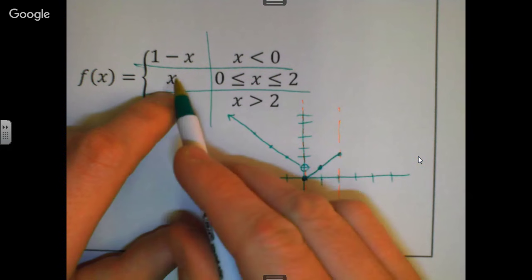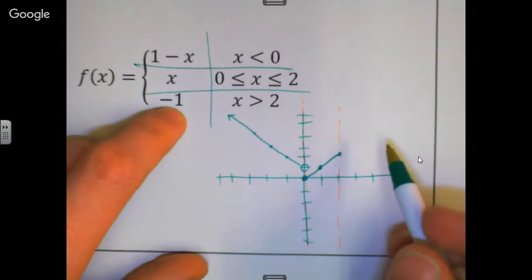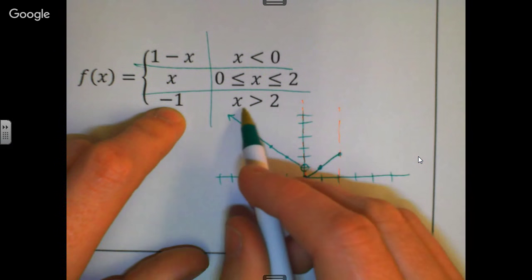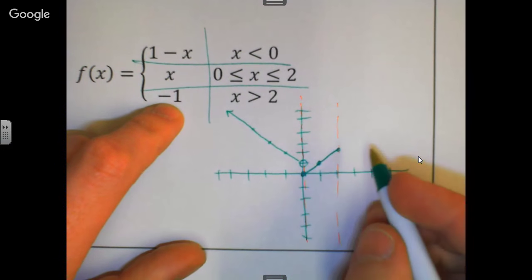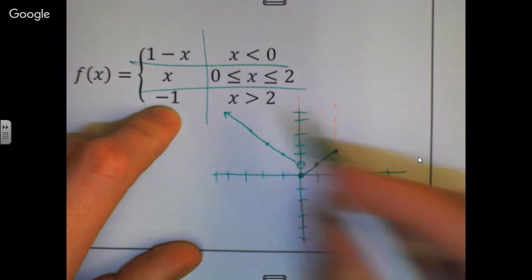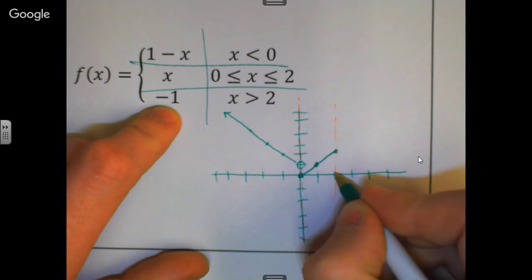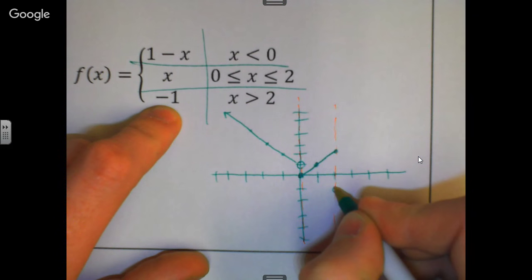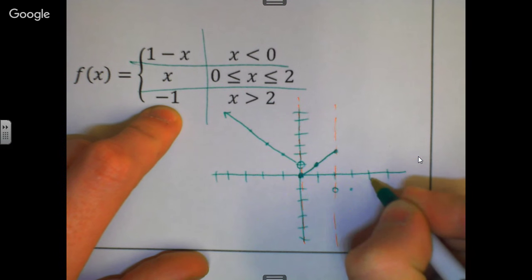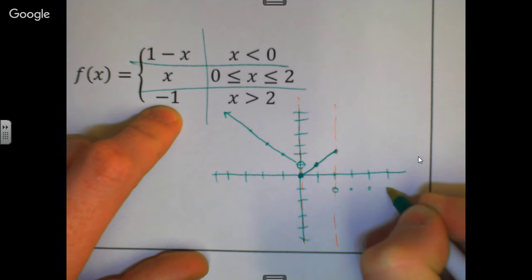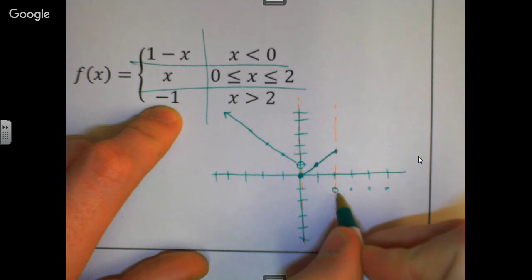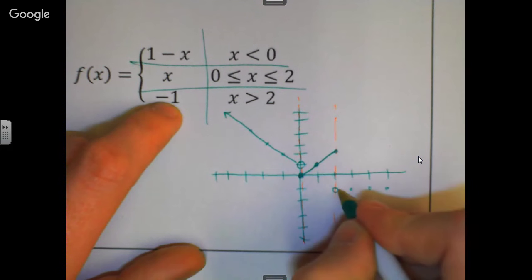I also know it's linear because there's no exponent there. When x is greater than 2, I have negative 1. So at 2, I'm at negative 1, open circle. And anywhere greater, I'm at negative 1. So I'm right here.